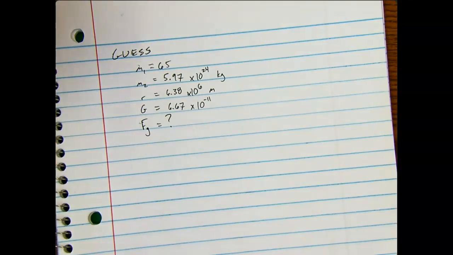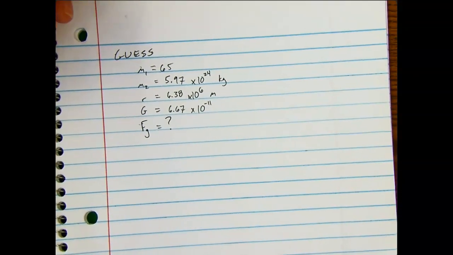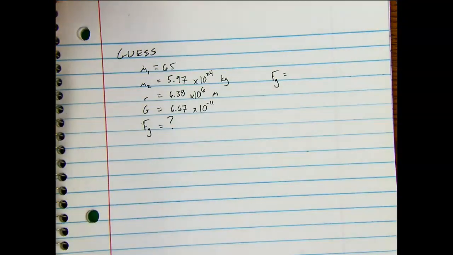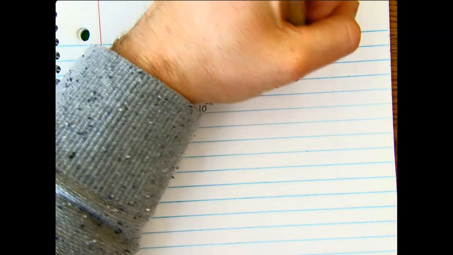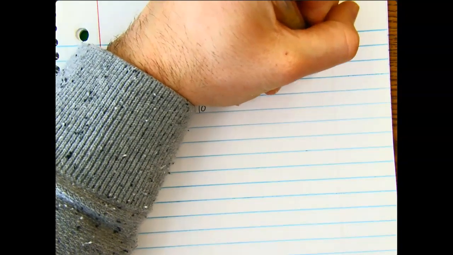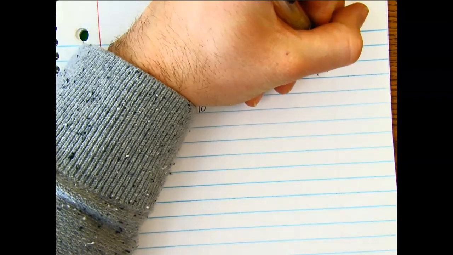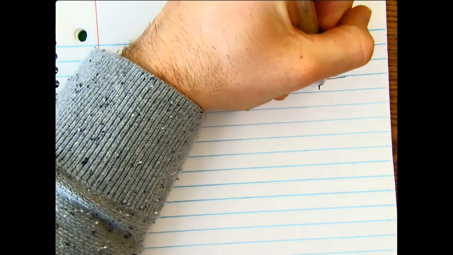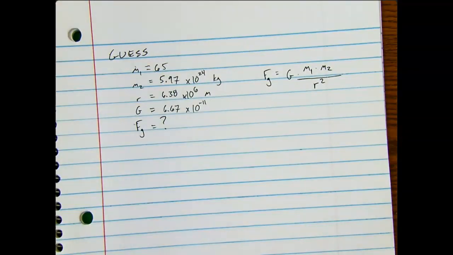So there's an equation that I gave you in the guided notes that looked like this. The force of gravity is equal to the constant G times mass 1 times mass 2, all of that divided by the radius squared. So that's the equation that we want to use.